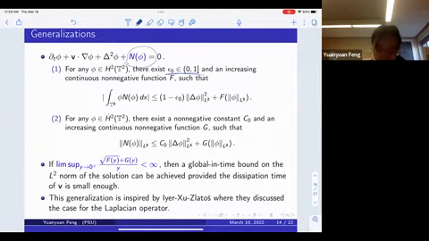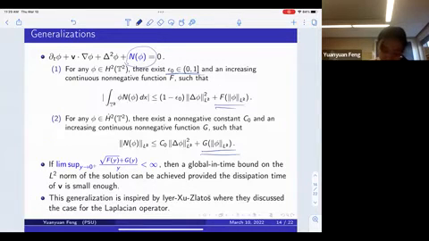So for this generalized form, if the nonlinear term satisfies these two conditions, plus the lim sup of these two functions f and g satisfies that the square root of f plus g divided by y is bounded above by infinity as y goes to 0, then the global in time bound on the L2 norm of the solution can be achieved, provided the dissipation time of V is small enough.